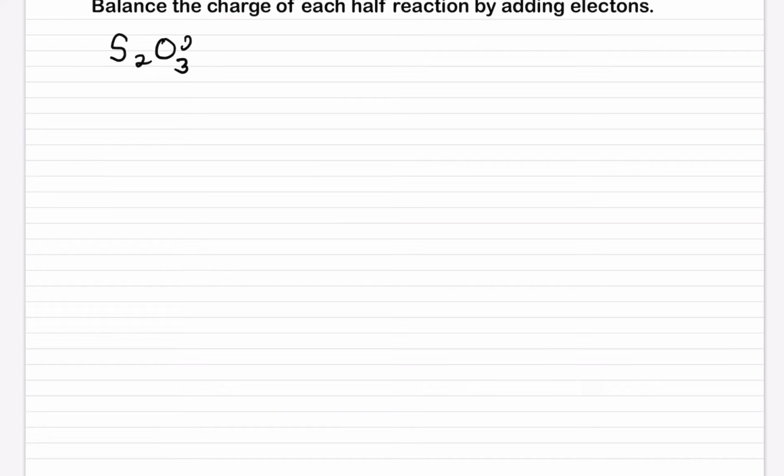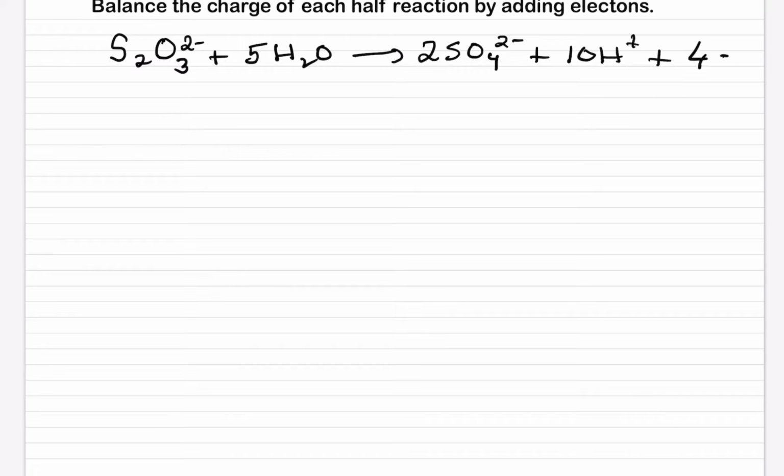S2O3 2- plus 5 H2O will give you 2SO4 2- plus 10 H+ plus 4 electrons. Now let's put the overall charge.